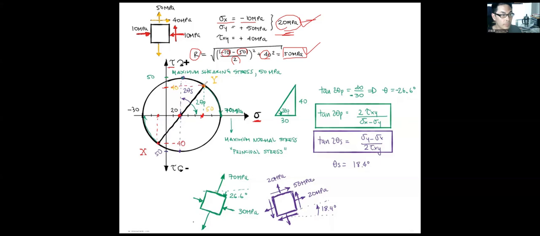Therefore we get the stress condition at point y, because the shear is 40 megapascal. This 40 is rotated in this direction, and we define it as positive by the conventional sign.